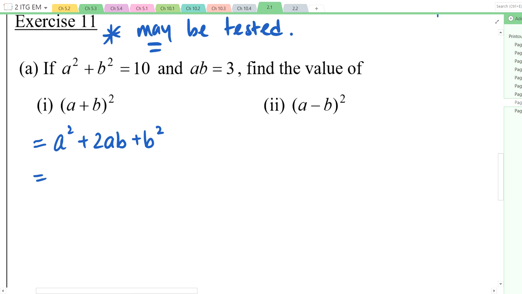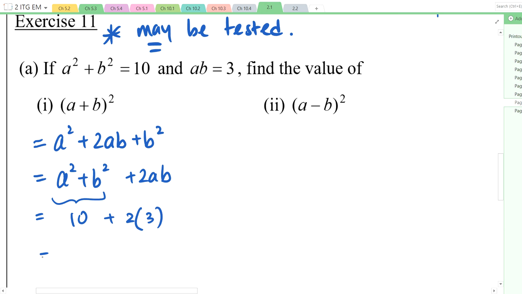Do you know what is a square? We don't know what is a square, we don't know what is b square, but we do know that a square plus b square is equals to 10 according to the question. So what I've done over here is simply rearrange only. So this gives me 10 plus 2 times AB. What's AB? 3. So answer 16.